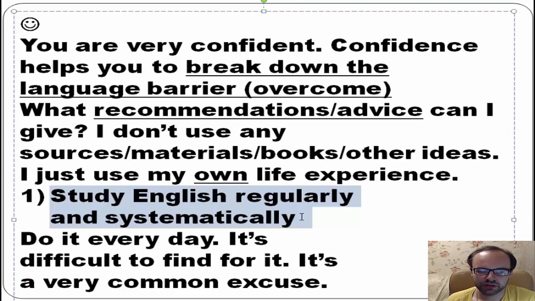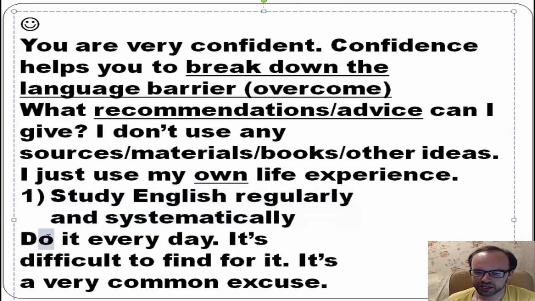So some students only read, some students only study grammar, but some students only watch movies, but it isn't enough. You need to have a program. So you need to do all these things. So you need to read in English, you need to listen a lot in English, so you need to watch English videos, you need to write, and so on, okay?